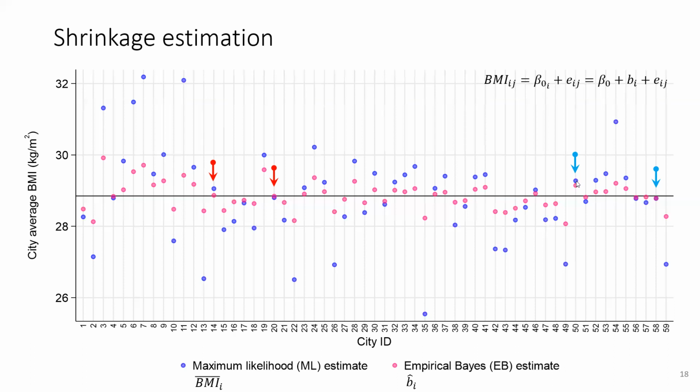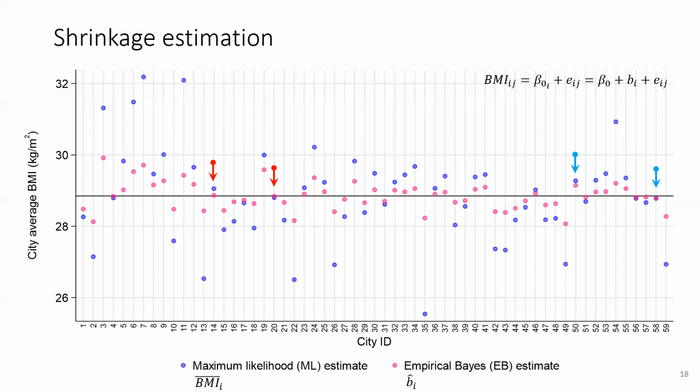So the proportion of decrease is much smaller as compared to these cities because the sample size is big, and the estimate should be more accurate because we have more samples.